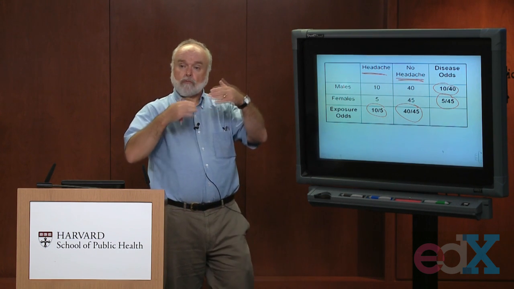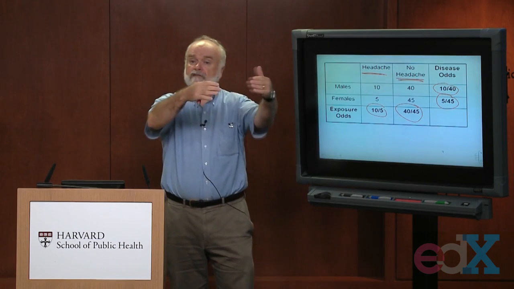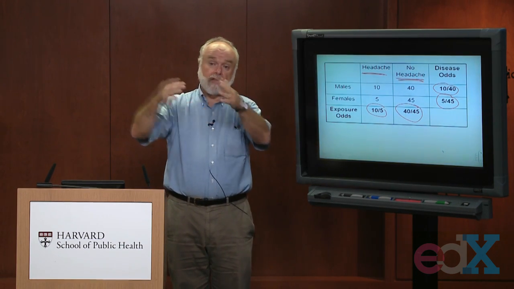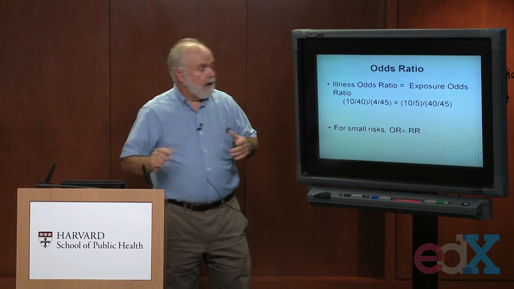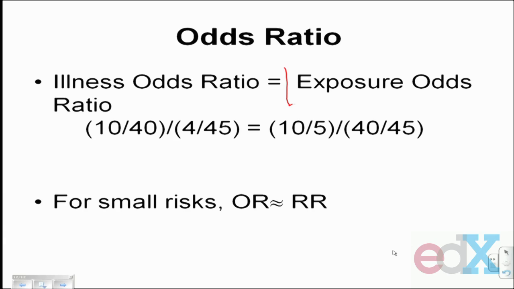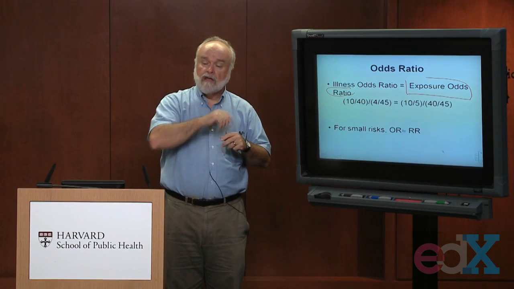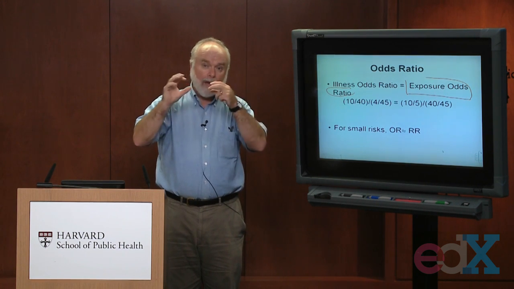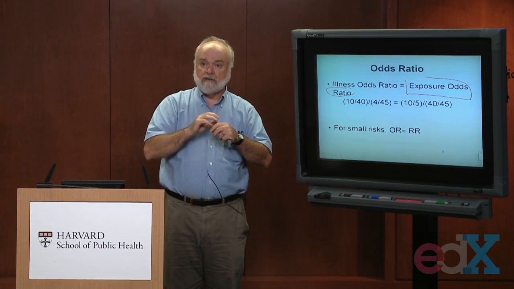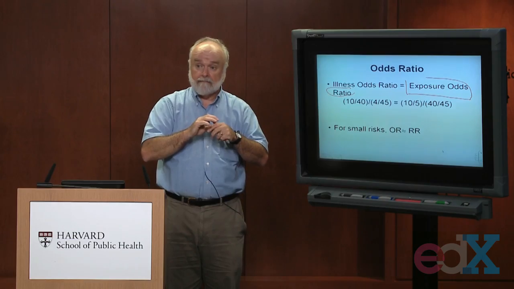We ask about their previous exposures, what could have caused their headaches for this group of people and not caused it for the other group of people. We measure exposure odds. We take ratios of those exposure odds. We report an exposure odds ratio from that case control study. Well, it's linked numerically to the disease, the illness odds ratio in that previous slide. So it's a way to link case control and cohort studies together, as we'll talk more about later.